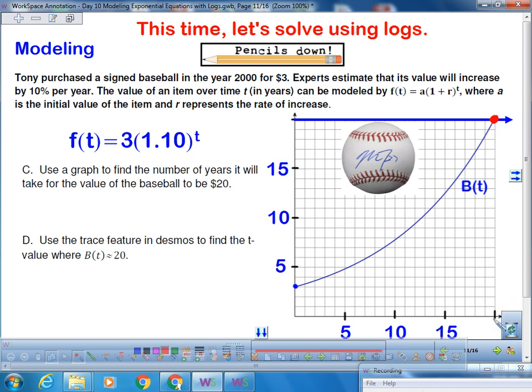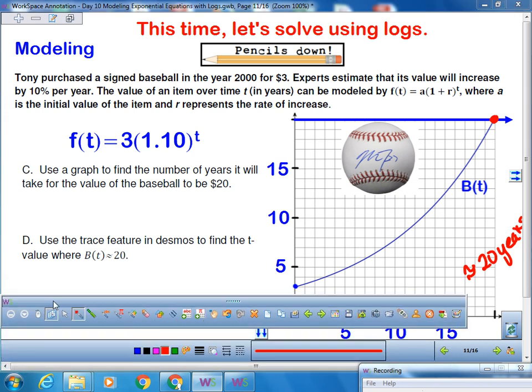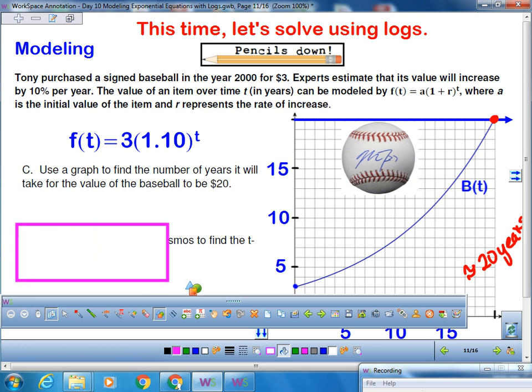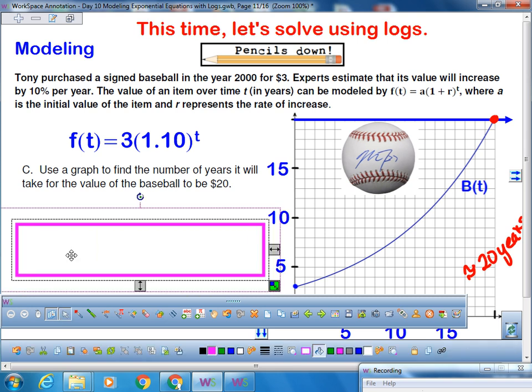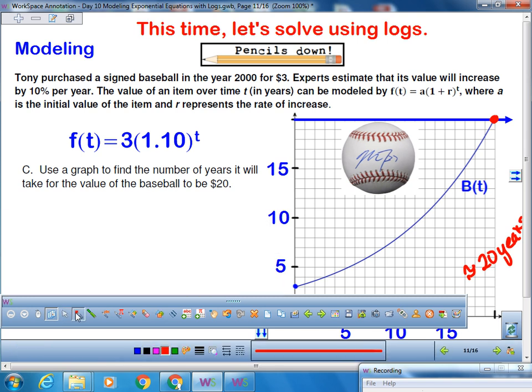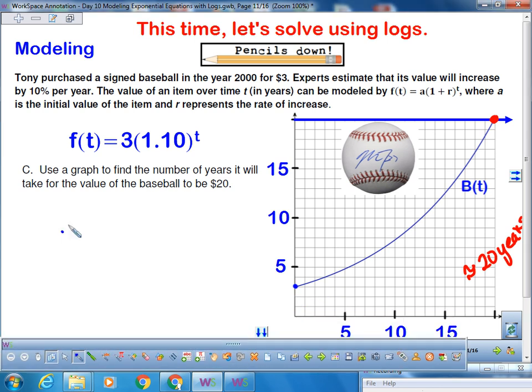About 20 years. Well, now I can write myself an equation and solve this.